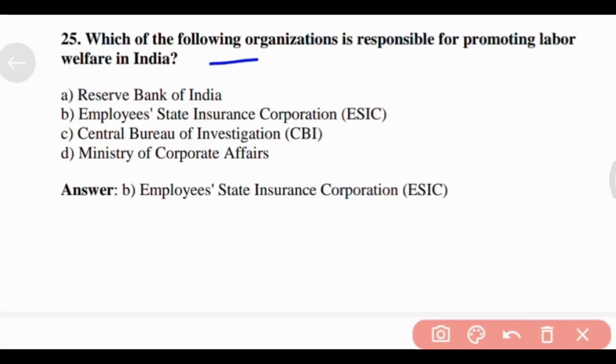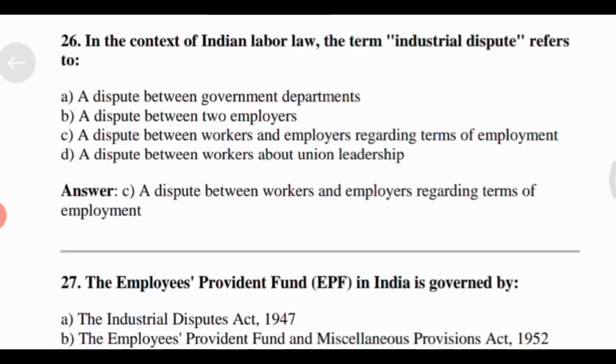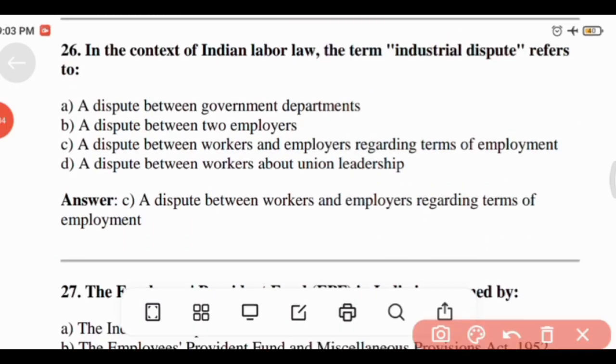Which of the following organizations is responsible for promoting labor welfare in India? Option B, Employees State Insurance Corporation. In the context of Indian labor law, the term industrial disputes refers to option C, a dispute between workers and employers regarding terms of employment.